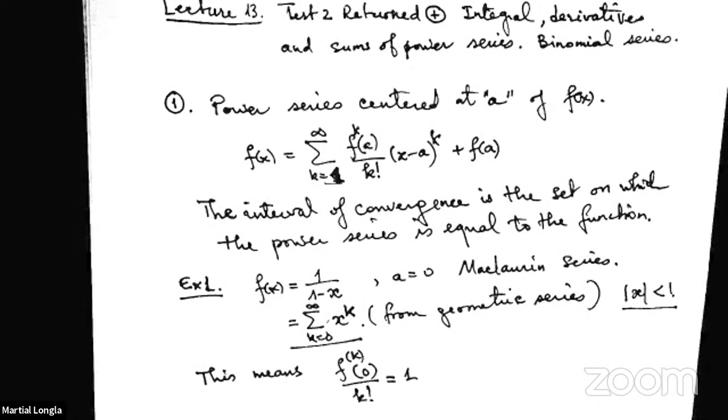So that's what this means, among other things. Which means that the kth derivative of the function at 0 is equal to k factorial.